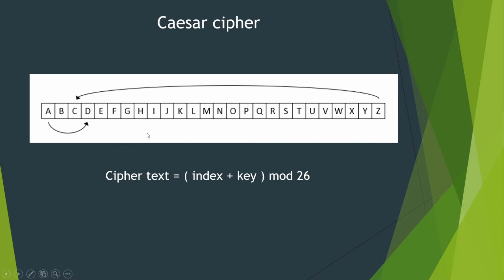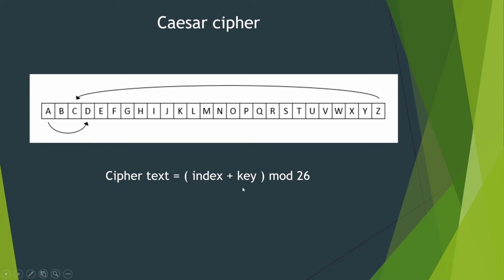If you have a plain text, you have to apply it character-wise. You take the first character and find out its index. After finding that index, you need to determine some key and add it to the index.